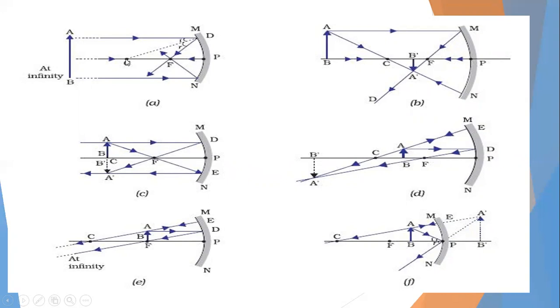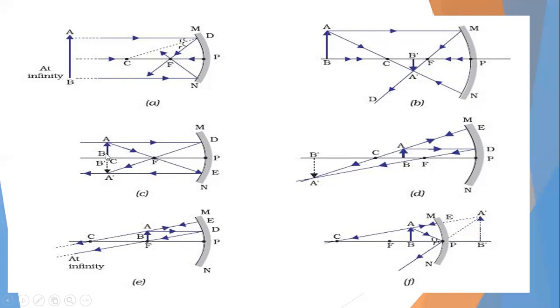From the pole, take a distance of 4 centimeters for C. The distance of C is 4 centimeters from the pole, and half of that, 2 centimeters, is the focus. Then draw two rays, and after reflection they pass through the focus. So with the help of these measurements, you can draw all the diagrams.